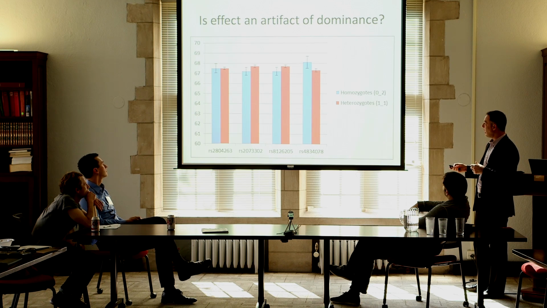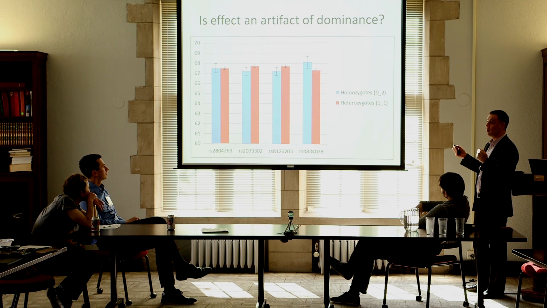So, one other thing is that this approach, if you use within-family variation, you can distinguish between nonlinear effects on mean level and true variance effects. How do you do that? You compare those cases where there are 2 of the minor alleles.